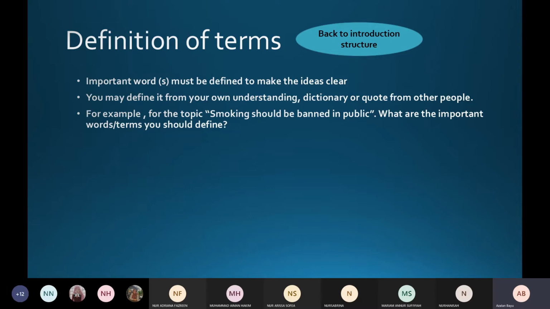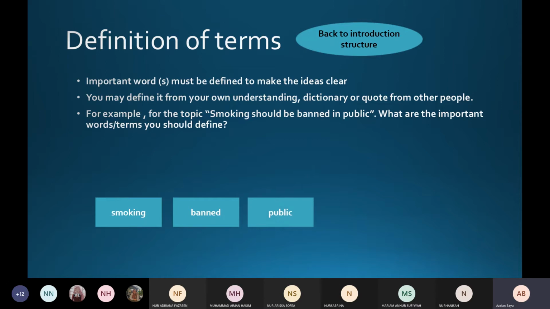For example, I am a topic smoking should be banned in public. What is the important term yang you rasa kalau you buat tajuk ni, apakah perkataan yang penting untuk you define supaya lebih clear? Is it smoking? Is it should? Tak payahlah benda-benda yang selalunya kita define now. Adakah ban ataupun public?